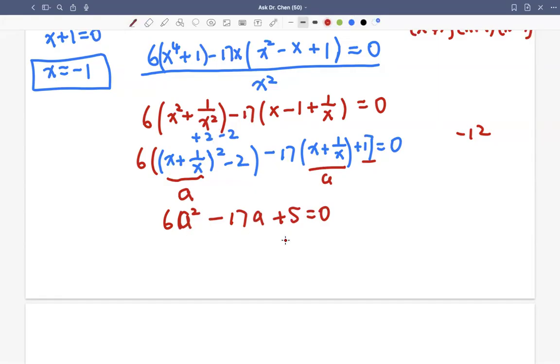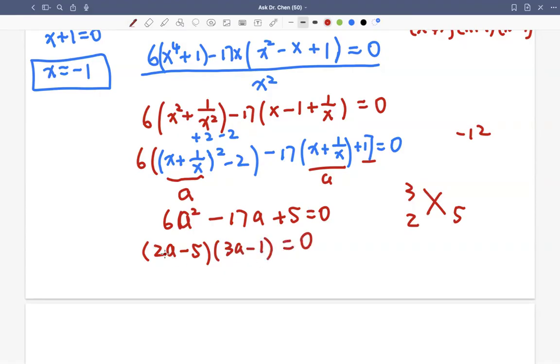Now, can we factor this? Yes, we can. You see, 6 can be split into 2 and 3. Then 3 times 5 is 15, 15 plus 2 is 17. Okay, so we can factor this as 2a minus 5, because the middle term is negative, so my 2 factors will be negative, and 3a minus 1.